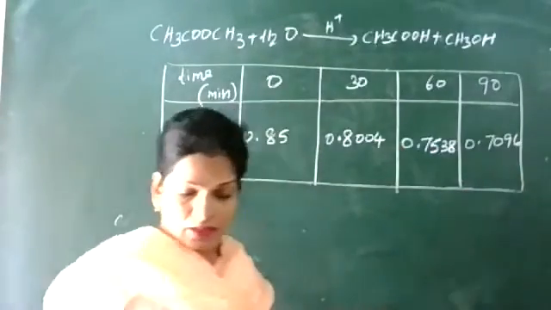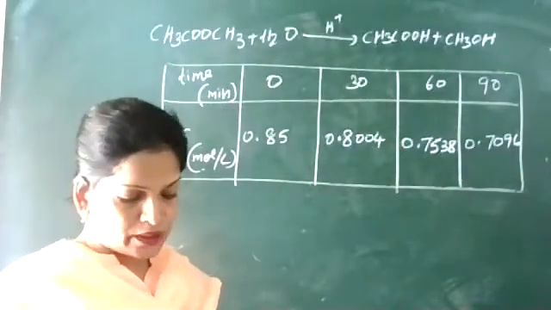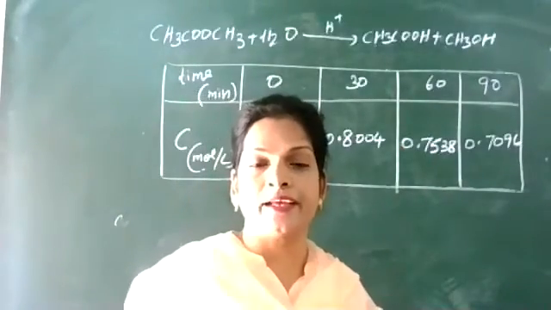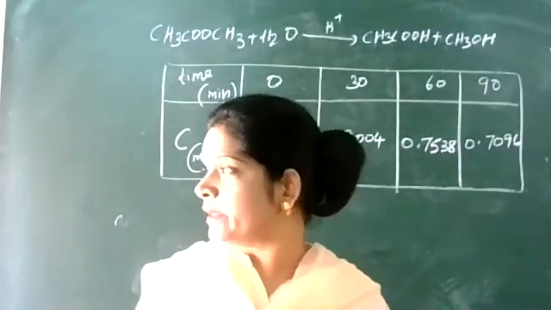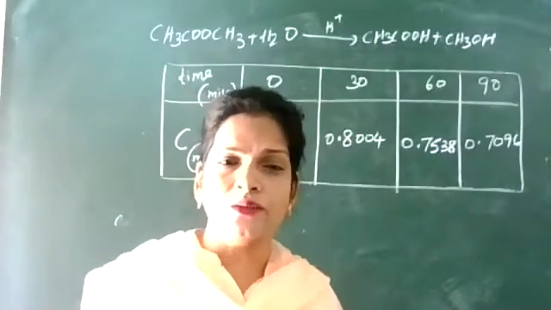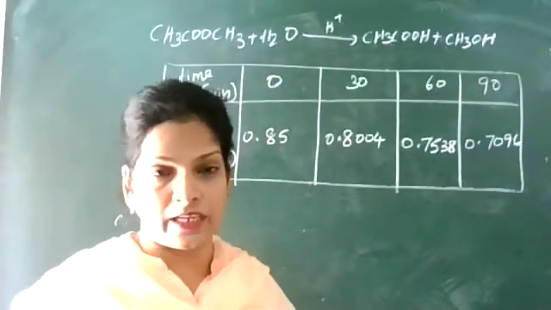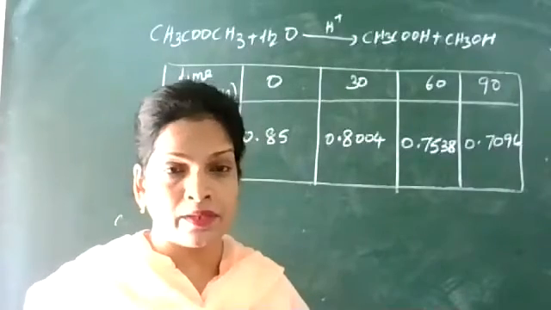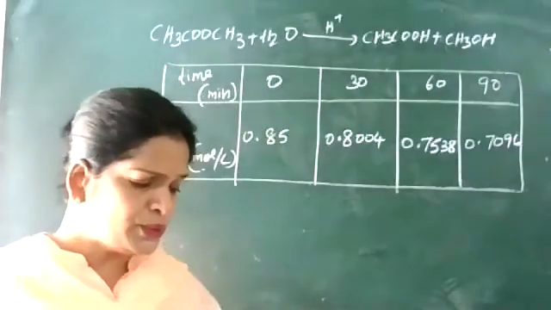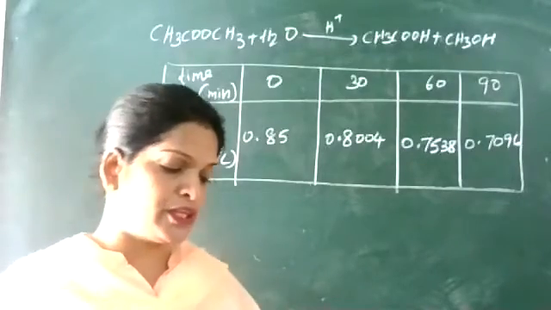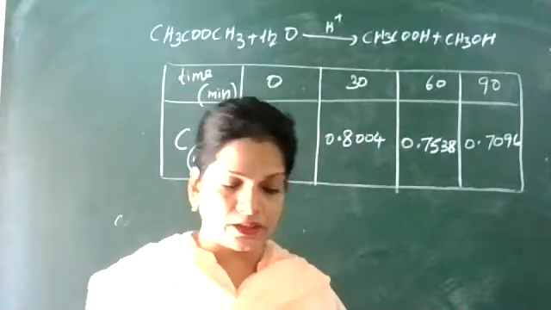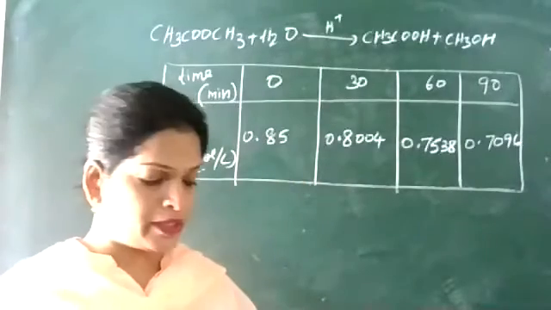Now, the question is to show that it follows pseudo first order reaction as the concentration of water remains constant. That means this data obeys first order. Let us put these values into the first order equation and calculate K. If K comes out constant, it follows first order reaction.